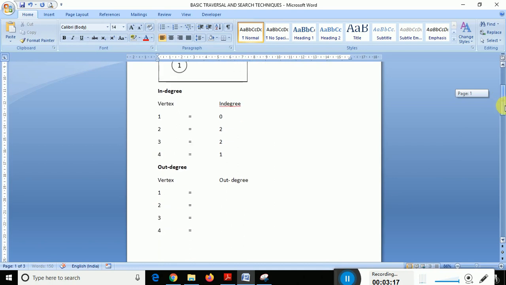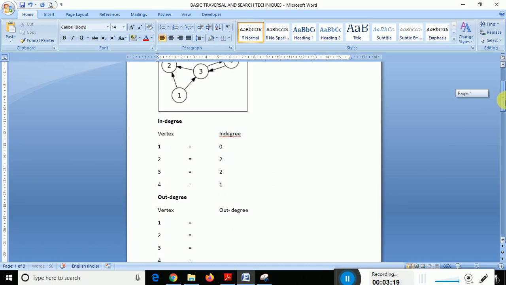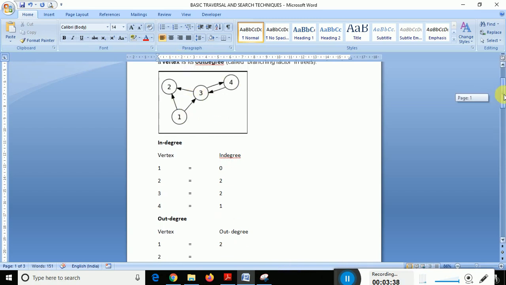Now we'll move to the out degree, that is the opposite of in degree. Vertex 1 is pointing to which vertices? One is visiting 2 and 3. So here we have to give 2. Next, the second vertex is visiting 3. Is there any arrow going the opposite way, that is from 2 to 3 or 1 or anything?